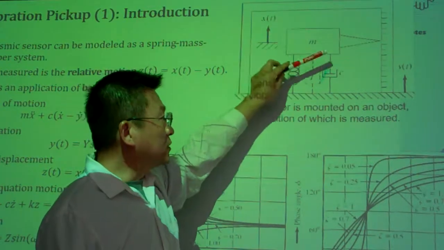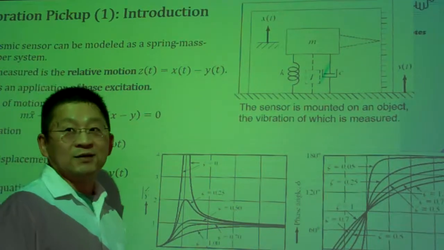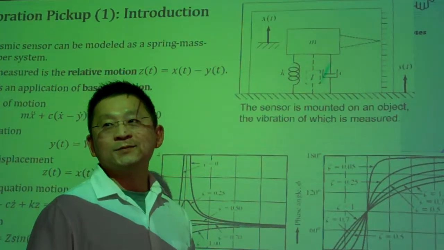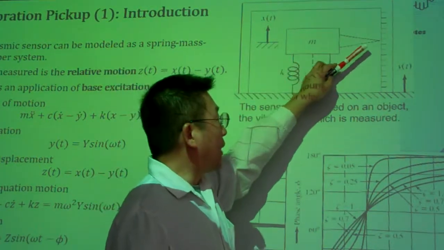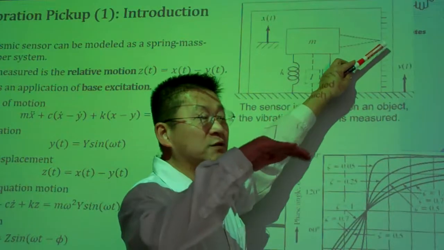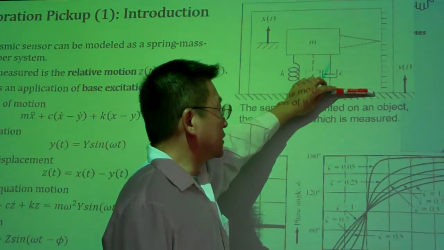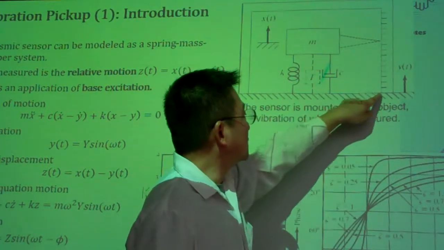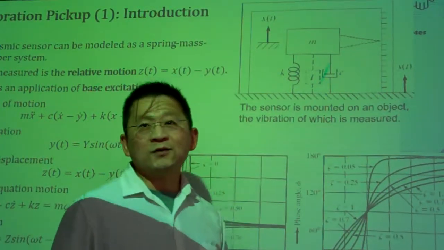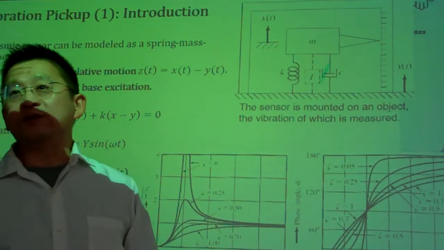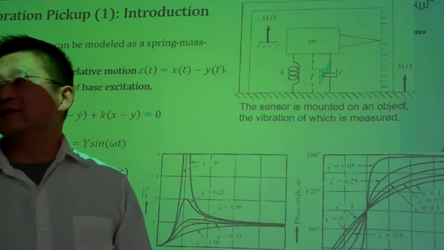The output of the sensor, listen carefully, this is the key, is by this recording, I would say, calipers. These calipers simply measure the displacement between here and here, with this being the zero ground. In other words, the sensor outputs the readings in terms of a symbol Z.